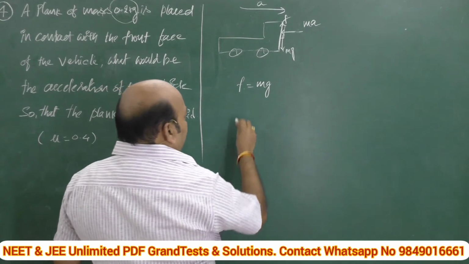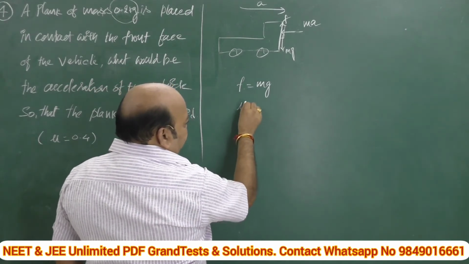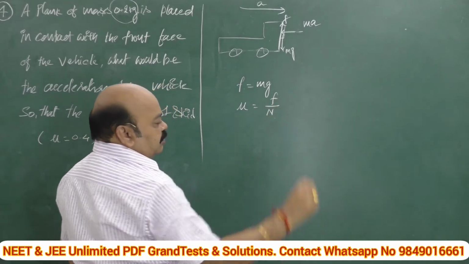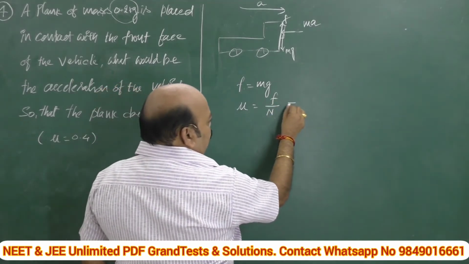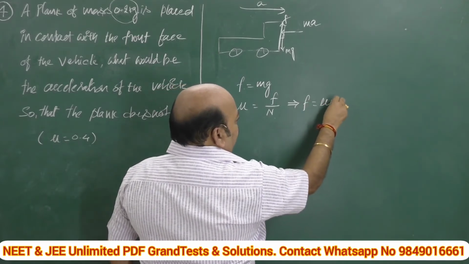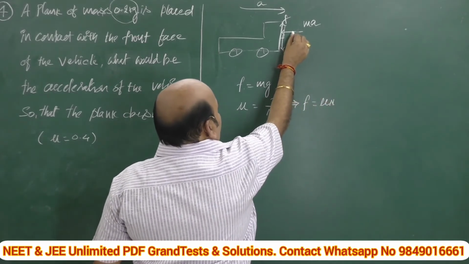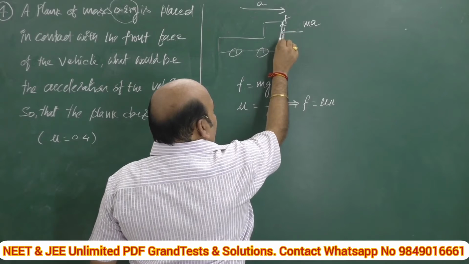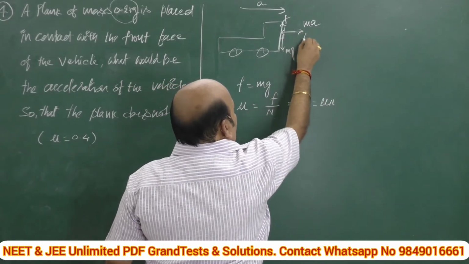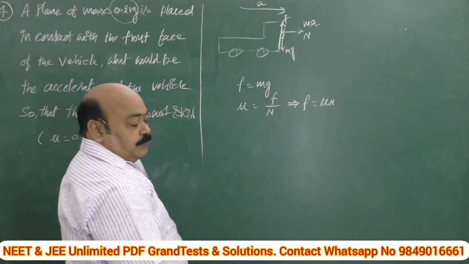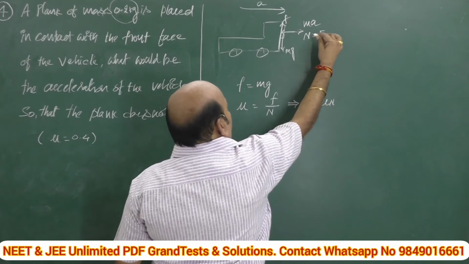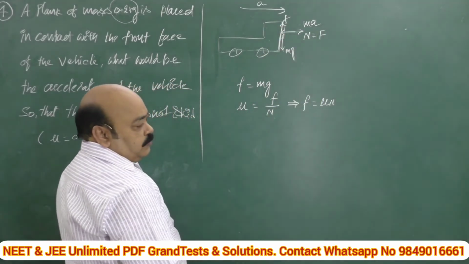As usual, from the definition of coefficient of friction, it is the ratio of frictional force to normal reaction, which in turn gives F is equal to mu N. Here, if it is pressed against the vehicle with a force, the normal reaction is also equal to N. Normal reaction is equal to the force with which it was pressed against the vehicle.